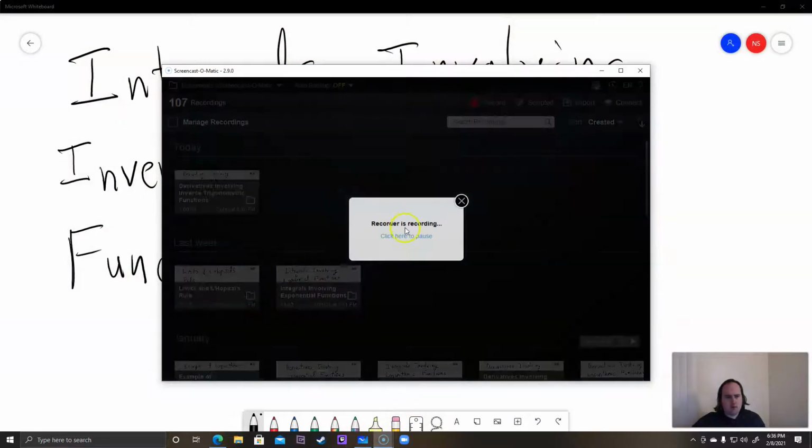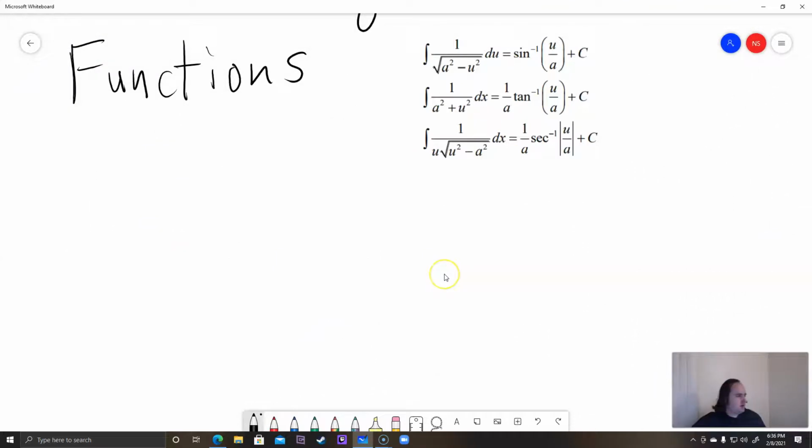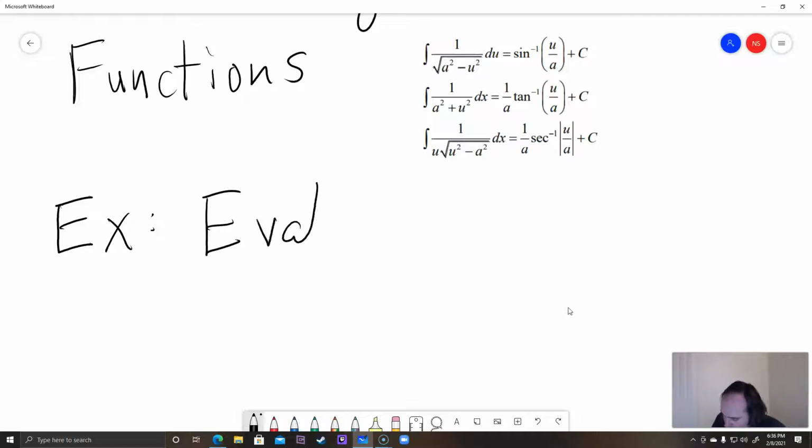So let's get started. We're going to start with a relatively easy one. The instructions on all these are: evaluate the integral.